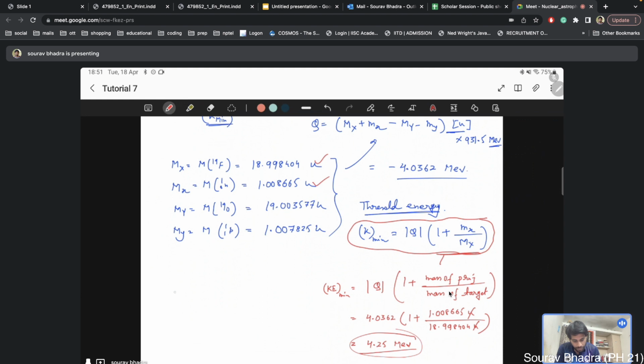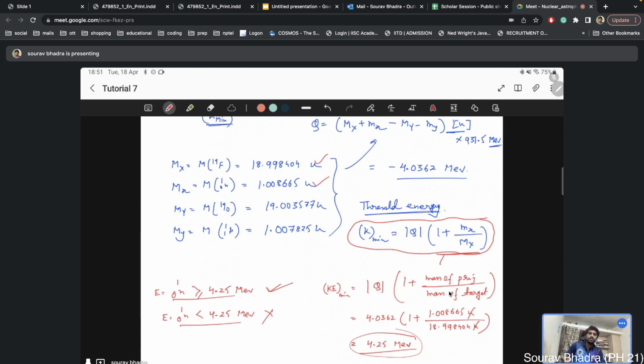If the energy of 0N1 is less than 4.25 MeV, the reaction will not occur. That's why it is called the threshold energy.